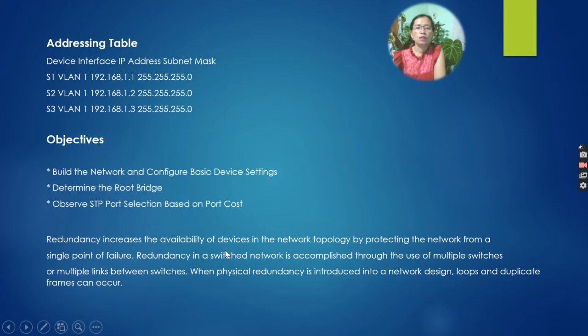Redundancy increases the availability of devices in the network topology by protecting the network from a single point of failure. Redundancy in a switched network is accomplished through the use of multiple switches or multiple links between switches. When physical redundancy is introduced into a network design, loops and duplicate frames can occur.